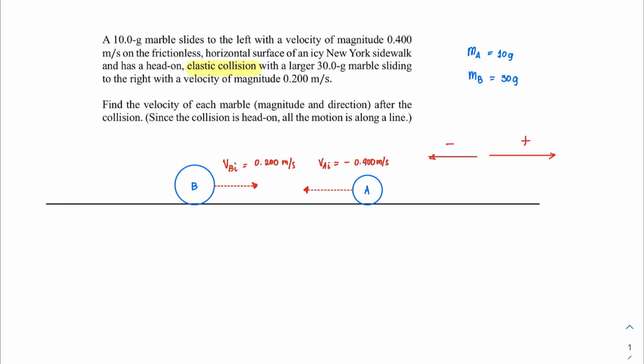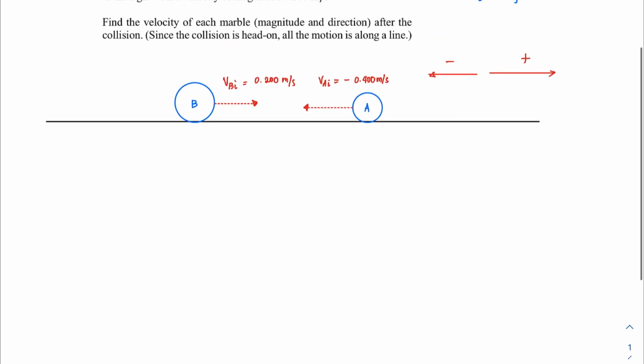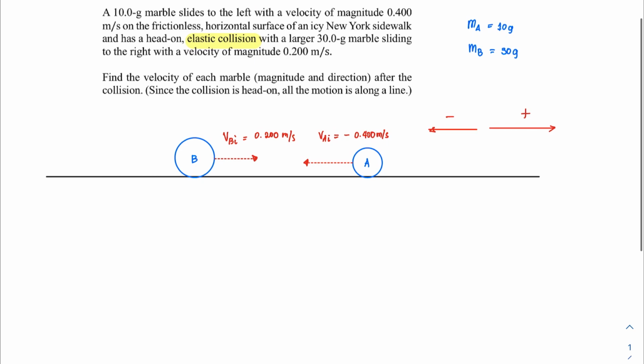Alright, so in identifying, as I've said in class, we have to identify what the type of collision is, and it's very apparent and very clear in this case that the collision is elastic because that is stated in the problem itself. The second one is, if that is the type of collision, you ask yourself what the conserved quantities are, because this will tell you the equations that you can set up for this specific problem.